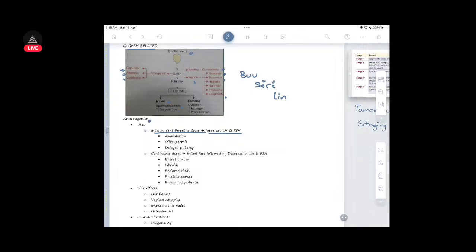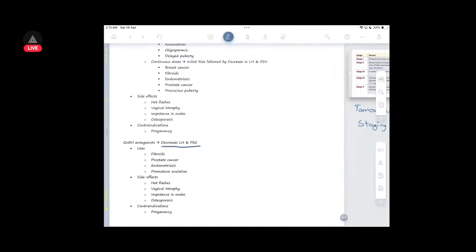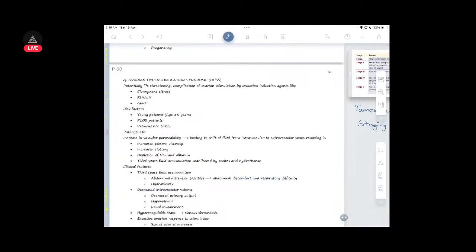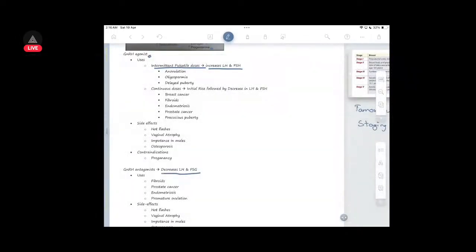In females, it will lead to ovulation, increased estrogen and increased progesterone. Fine. So intermittent pulsation will lead to FSH and LH.